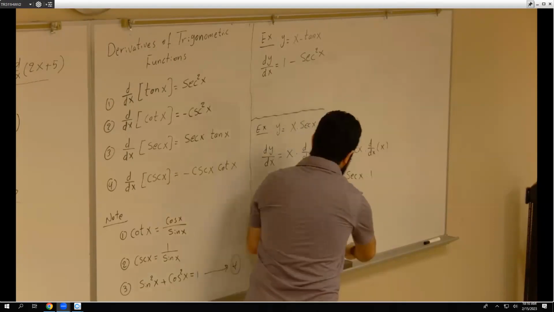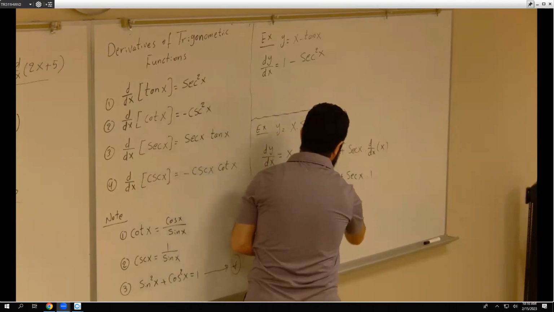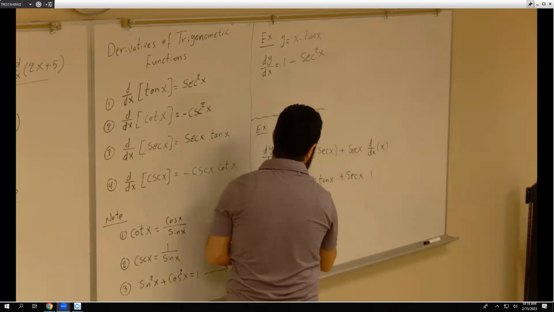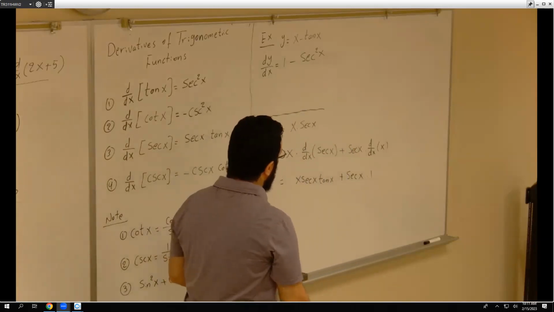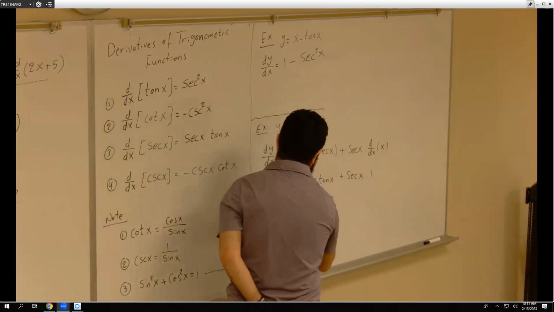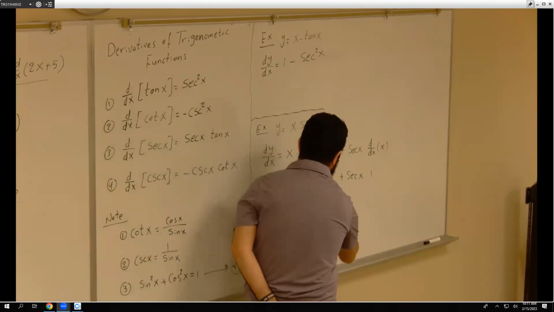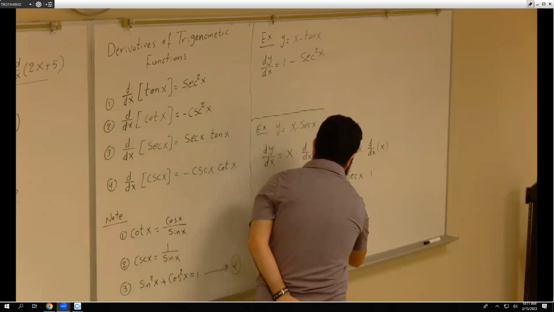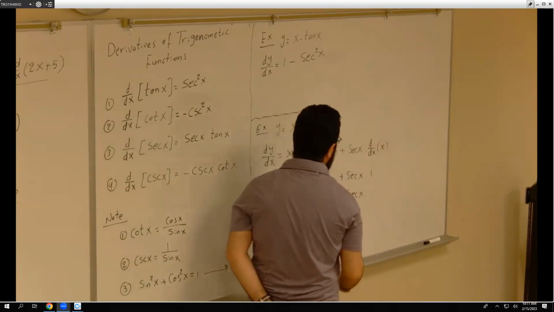So on this side, you don't have to write down parentheses because it's multiplication. So that gives you x secant x tangent x, and here is going to be times 1. x secant x tangent x plus secant x.